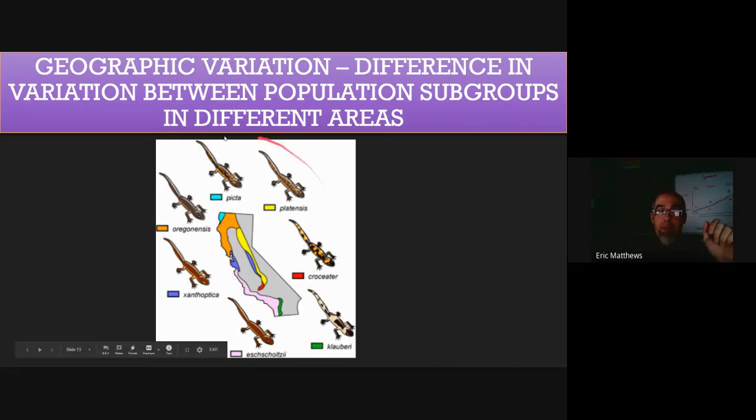These are all the same thing. They can all breed with each other. They're the same salamander. But in different regions of California, we see different phenotypes becoming more dominant, becoming more common in the population.